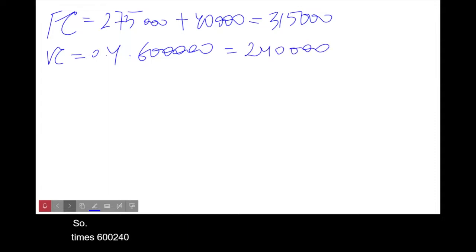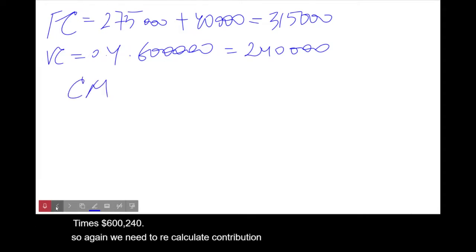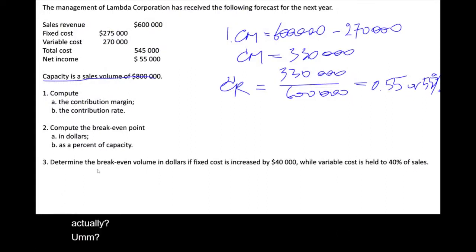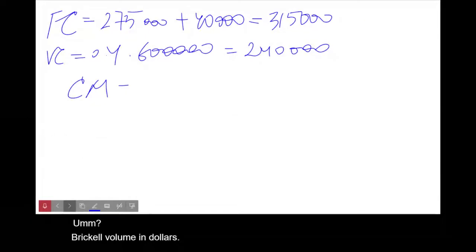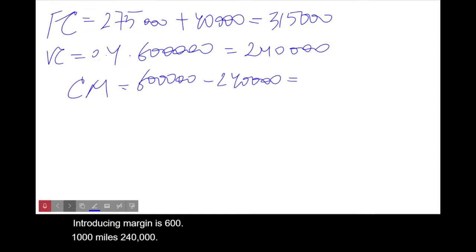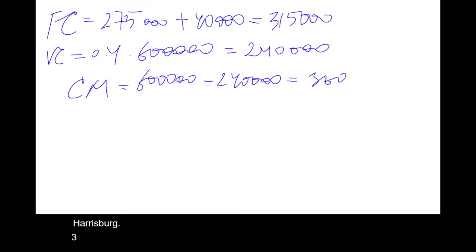240,000. So again, we need to recalculate the contribution margin. What do you want actually? Break-even volume in dollars. Okay. Contribution margin is 600,000 minus 240,000. It is what? 360.